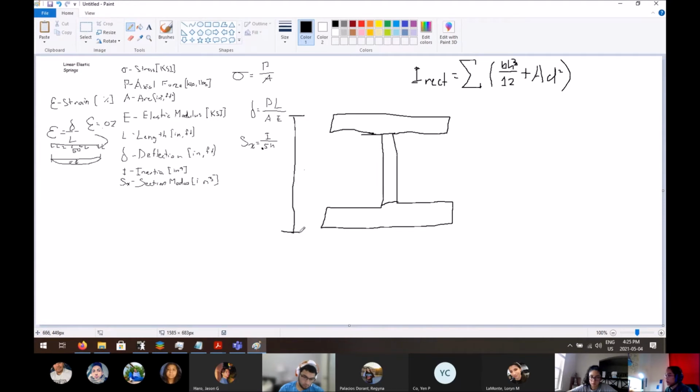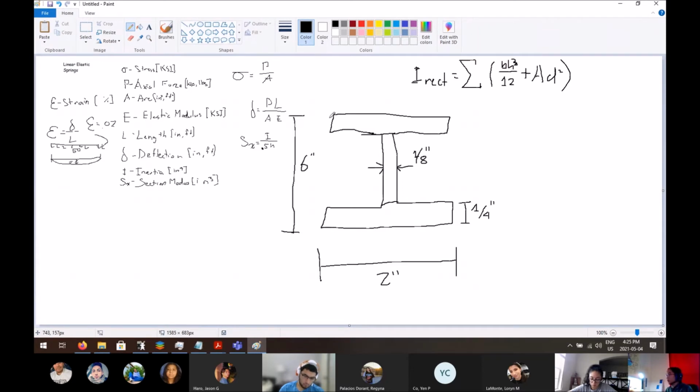So let's have this wide flange beam. Let's just be a little different. We're gonna make this 6 inches tall. This is gonna be a tiny boy, right? And we're gonna make this 2 inches long. Now this thickness is gonna be 1/8 of an inch, and this thickness right here is gonna be 1/4 of an inch.